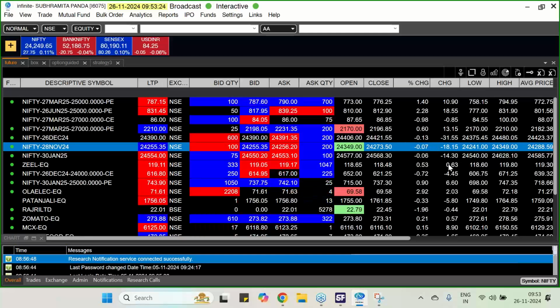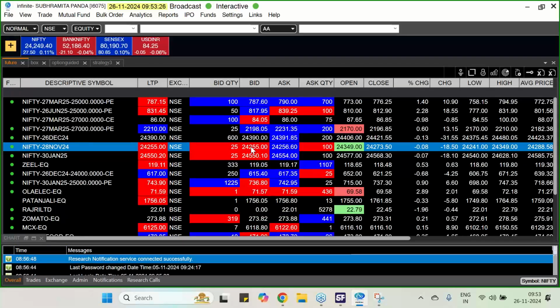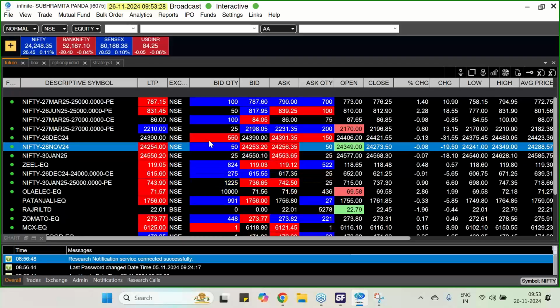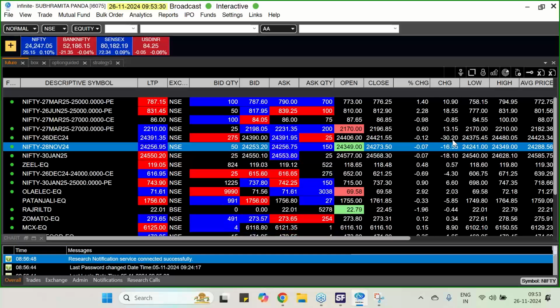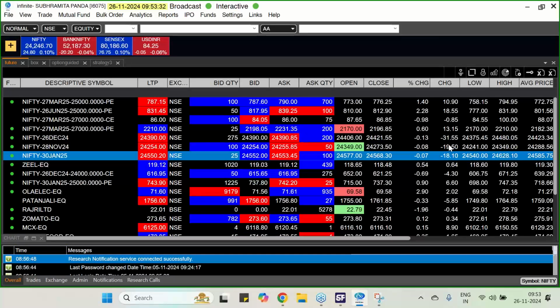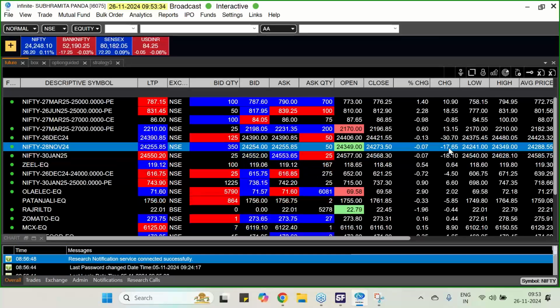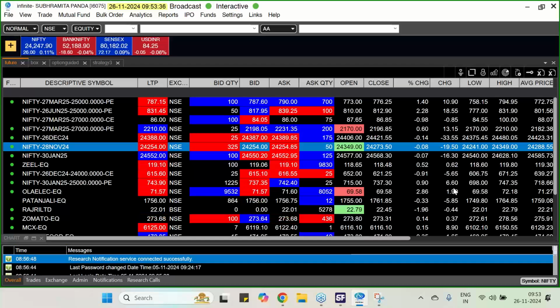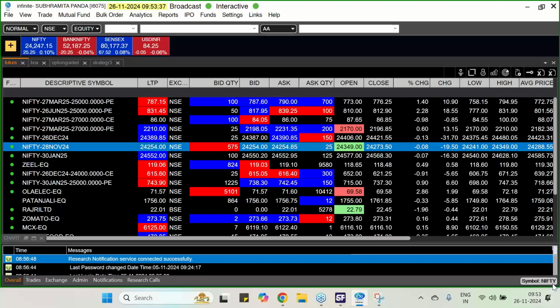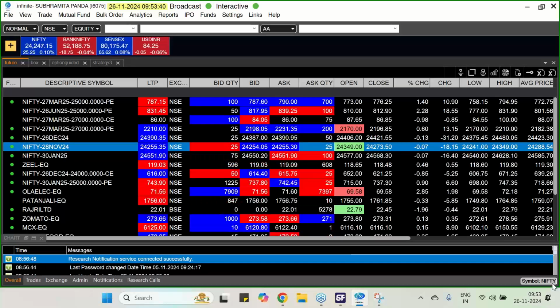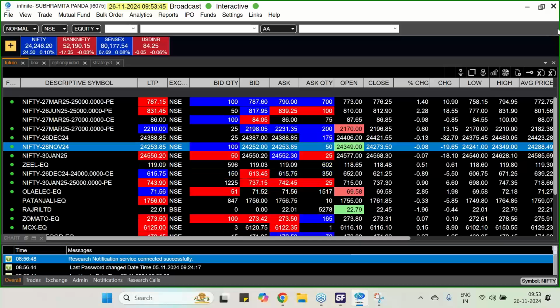However, the future premiums are shedding: December future is also reducing its premium, January also, November also. November, no doubt, has to reduce because we have only 2 days left for expiry. So the premium is reducing.